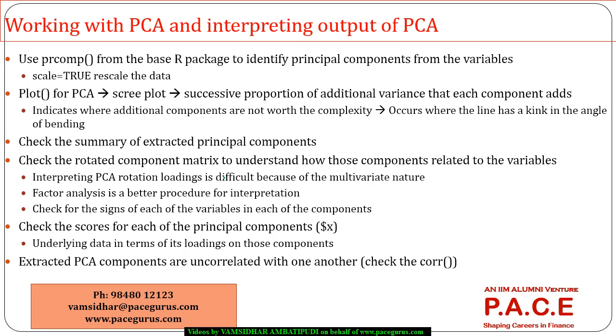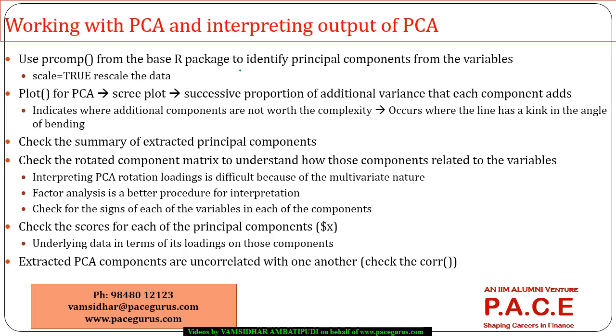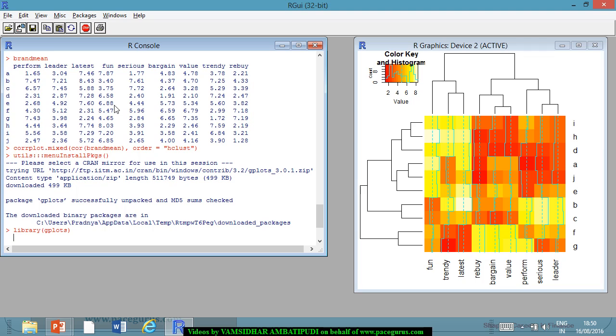Now, to work with PCA, the next thing I can look at is the function called prcomp, which will give me the principal components. This is part of base R itself. It will identify the principal components from the variables, depending on whether I am going with the mean data or the original data.